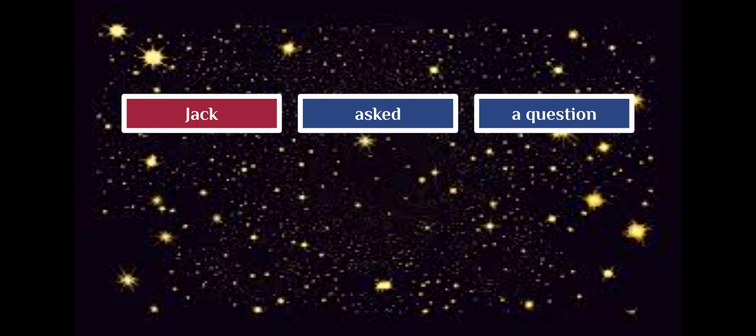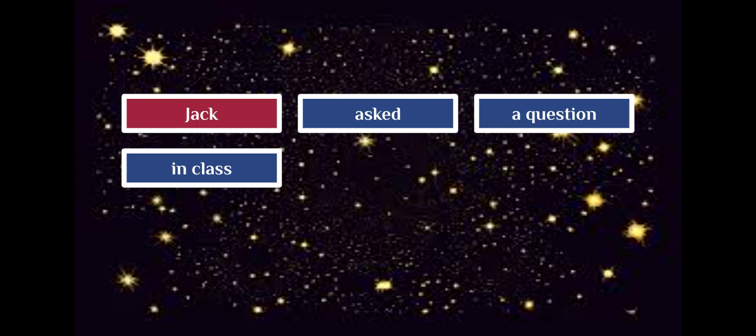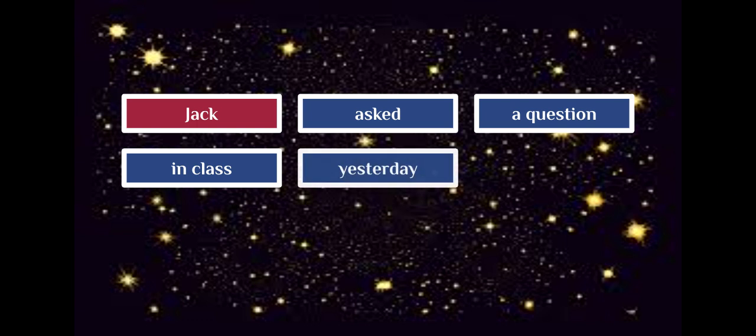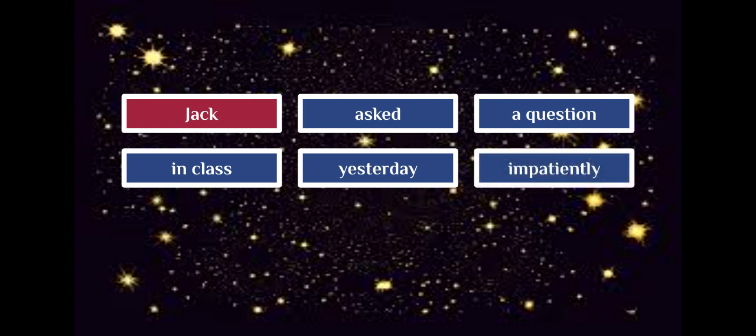I'll begin with the where question. Where did Jack ask a question? I'll say in class. When did Jack ask a question? I'll say yesterday. How did Jack ask a question? I'll say impatiently. Our sentence reads, Jack asked a question in class yesterday impatiently. Do you like that arrangement of words? I don't.